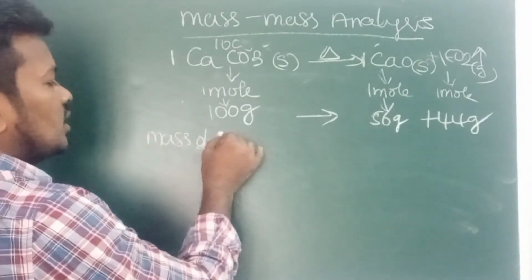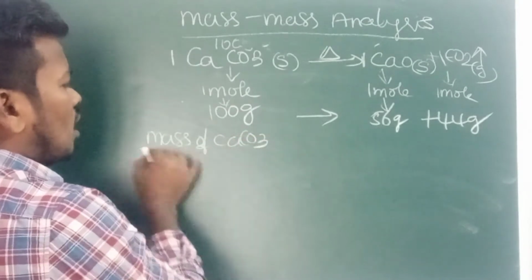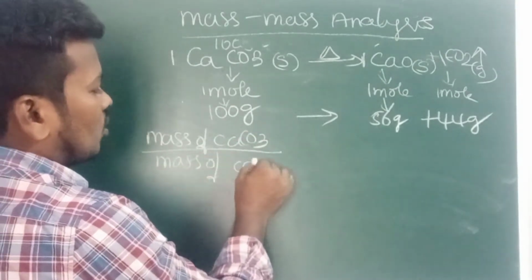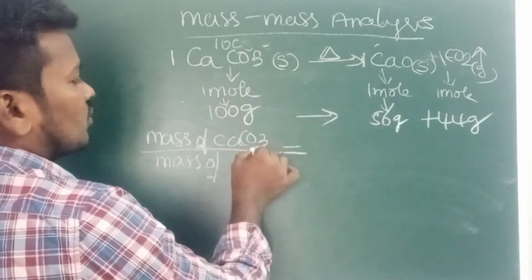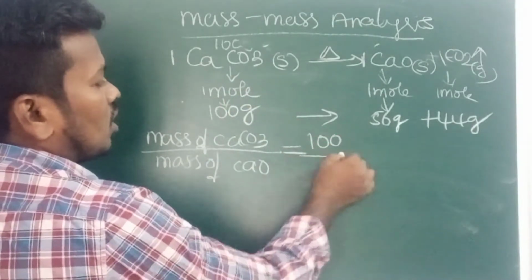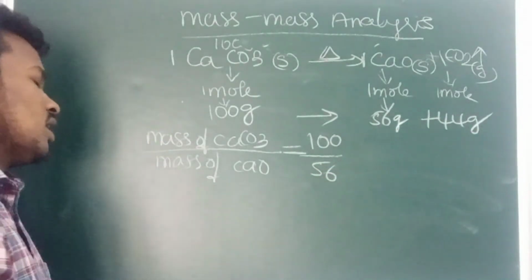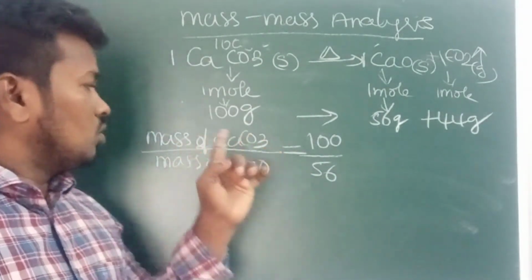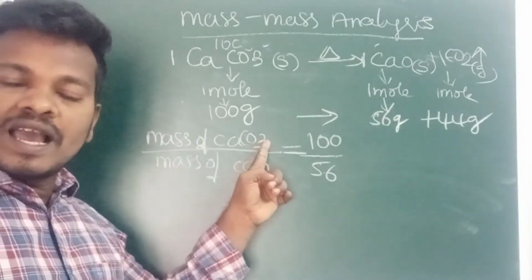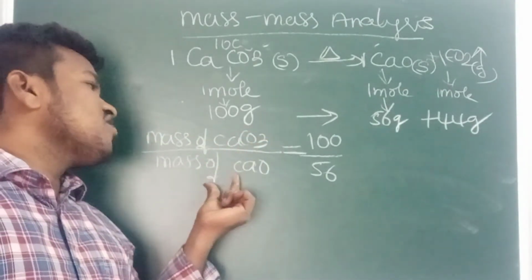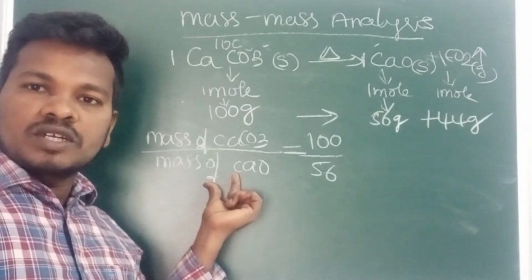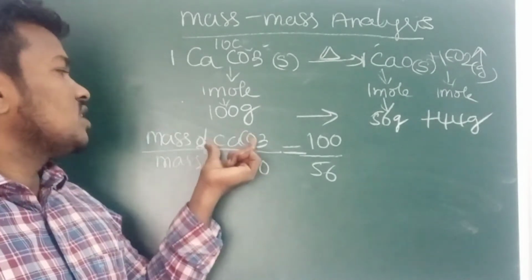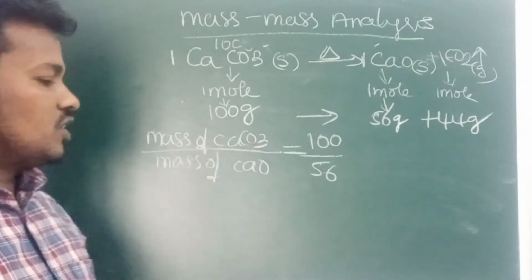Mass of CaCO3 upon the mass of calcium oxide: mass of calcium carbonate is 100, this is 56. If they have given the mass of calcium carbonate in the question, we can easily find the mass of calcium oxide. If they have given the mass of calcium oxide, we can easily find the mass of calcium carbonate.